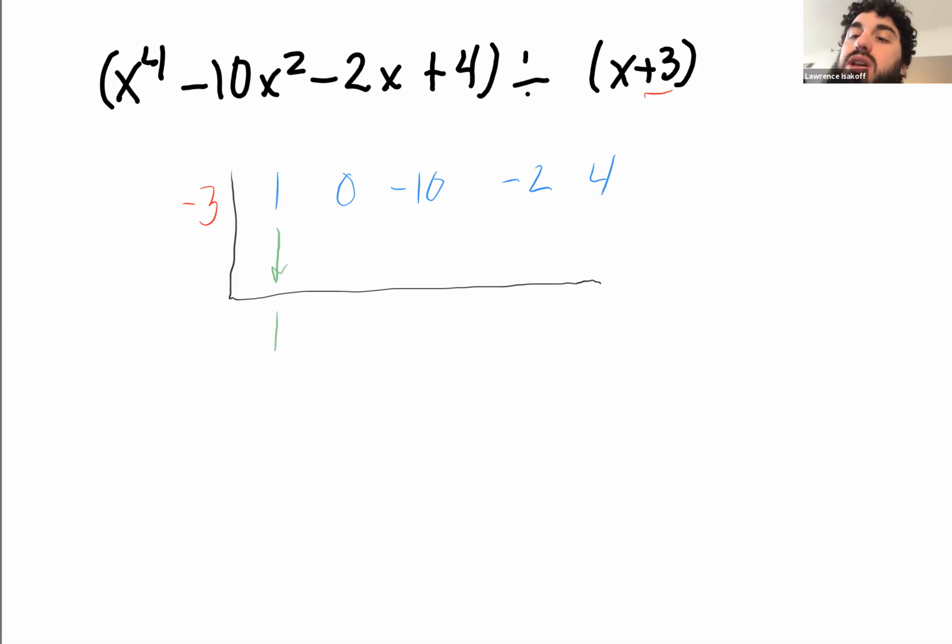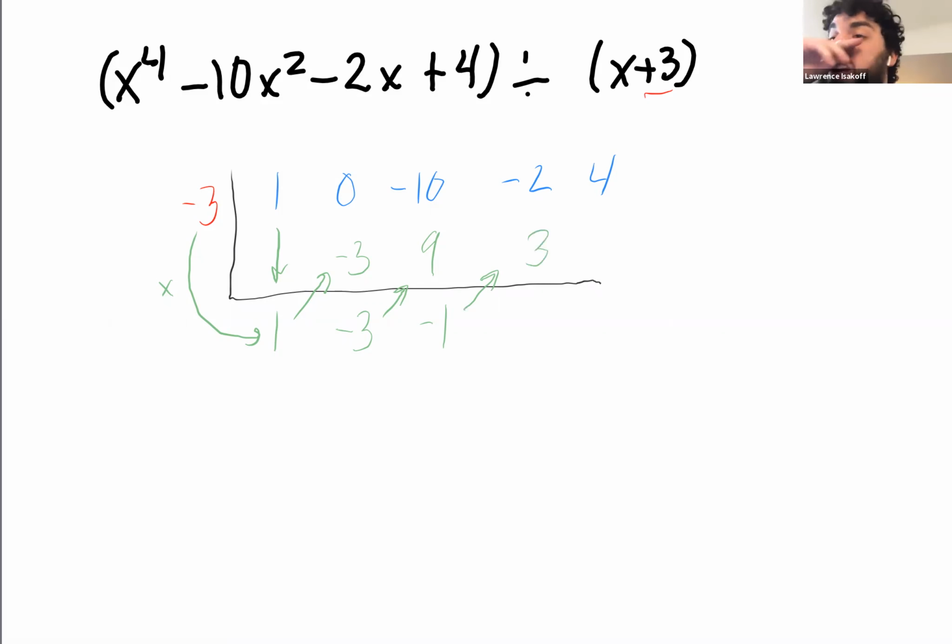Now I'm doing my multiplying. -3 times 1 is -3. 0 plus -3 is -3. -3 times -3 is a positive 9. -10 plus 9 is -1.